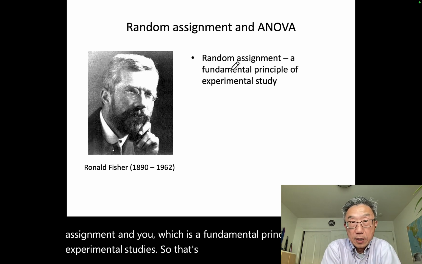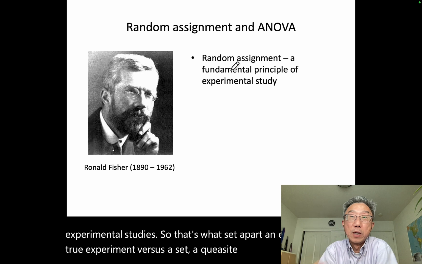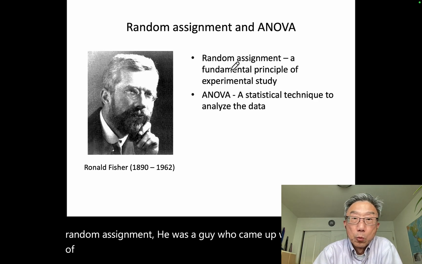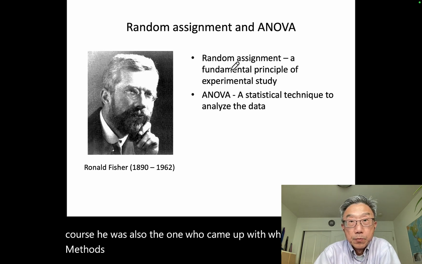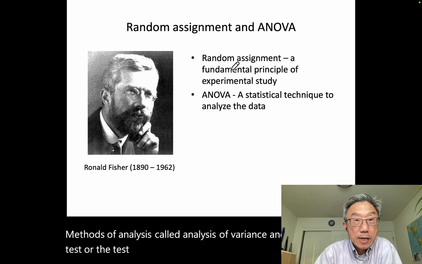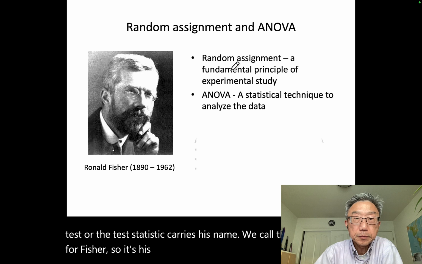That's what sets apart a true experiment from a quasi-experiment. So he came up with this idea, and of course, he also designed this method of analysis called analysis of variance. And actually, the test statistic carries his name. We call this the F test. F for Fisher. So it's his test.